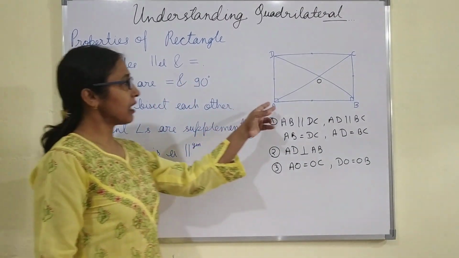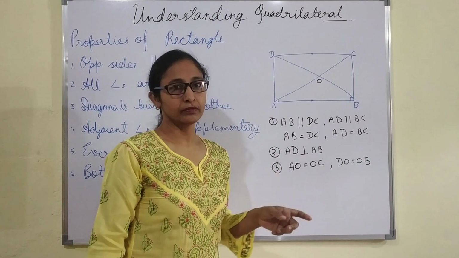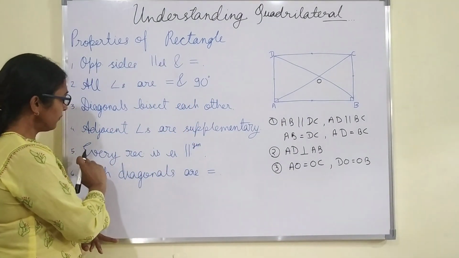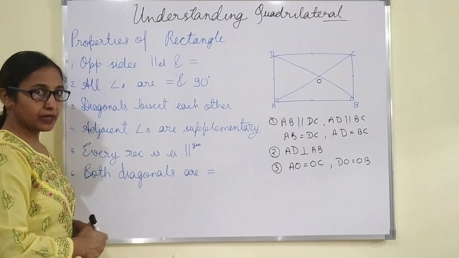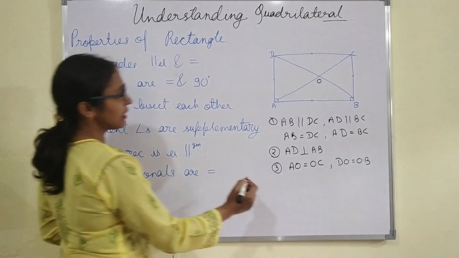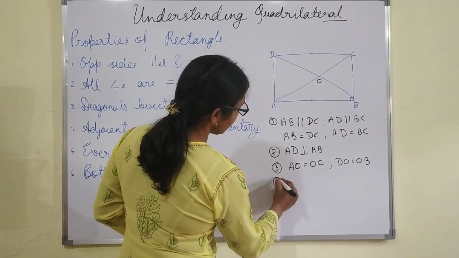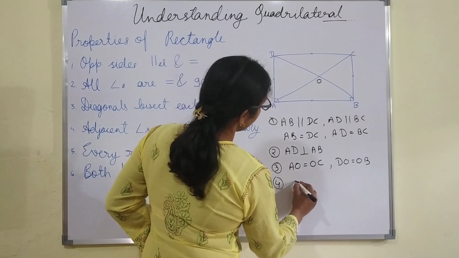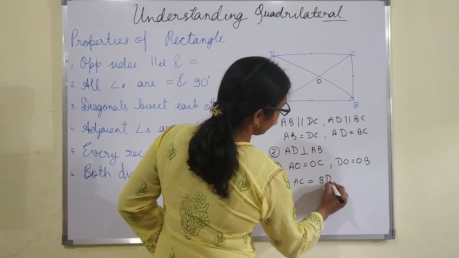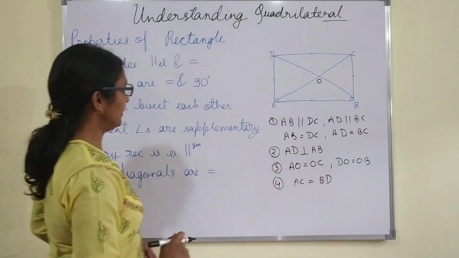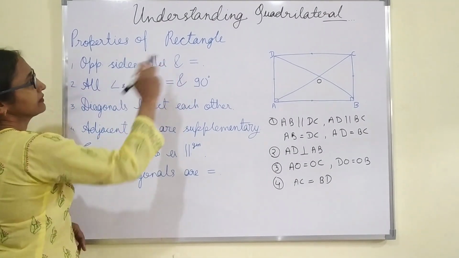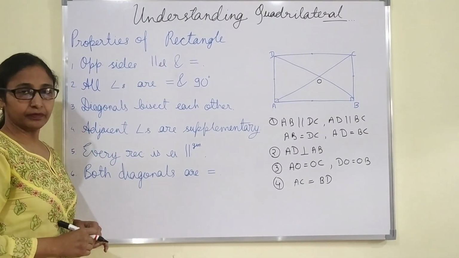Since all the angles in a rectangle are 90 degrees, adjacent angles are supplementary. Fifth, every rectangle is a parallelogram, I told you earlier. Now, sixth one is both diagonals are equal. This one is AC. AC equals BD. Diagonals are equal. Okay. So, a rectangle is also a parallelogram.